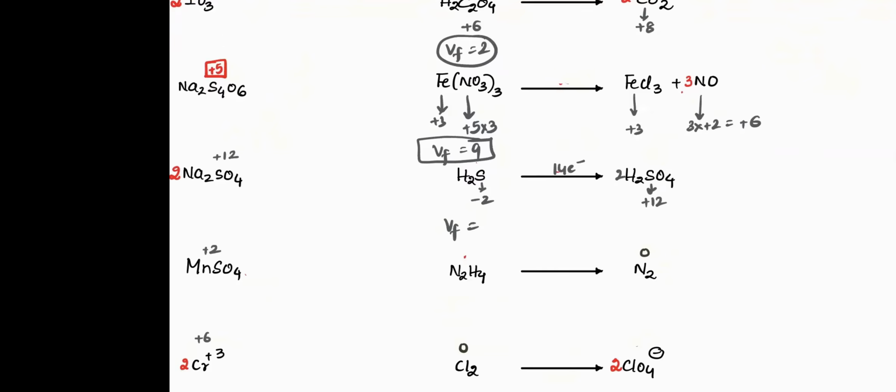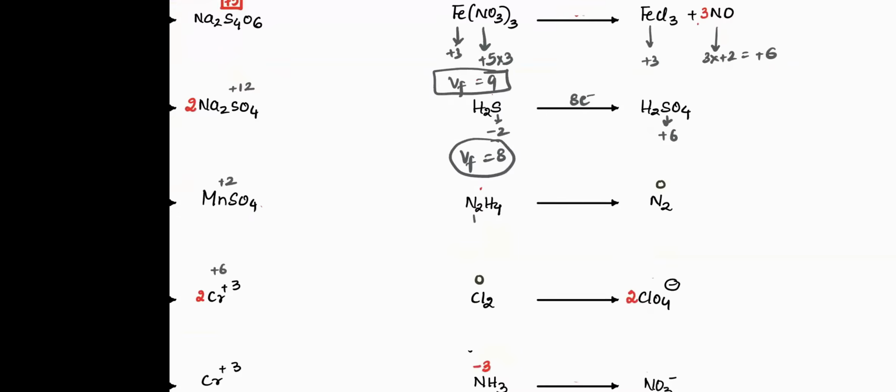Sorry, I need to check out for one sulfur only, my mistake. +6, so 8 electrons. Because there are not 2 sulfurs here, only one sulfur is there. Next, 2 nitrogens you need to check. For 2 nitrogens, the charge is -4, and here the charge is 0. So number of electrons transferred are 4. So valency factor is equal to 4.